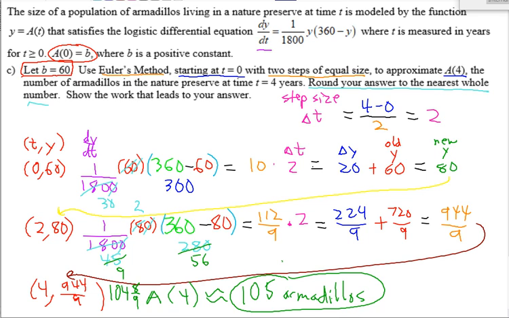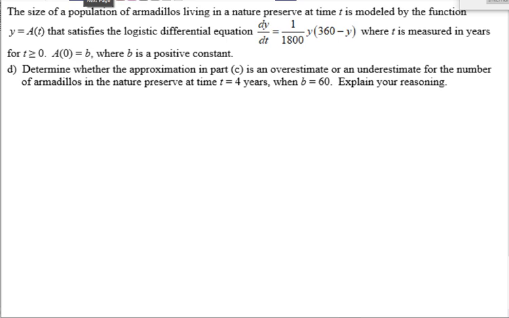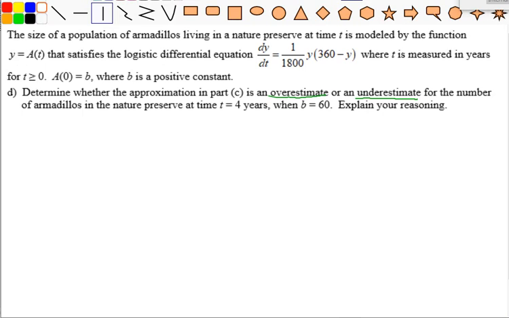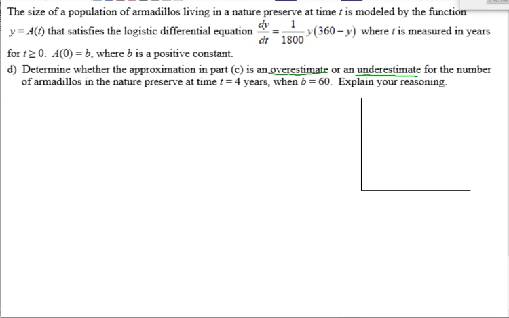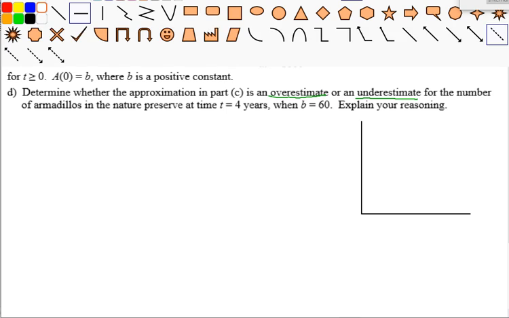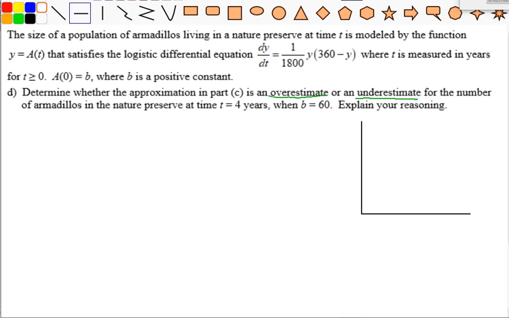All right, and then the last part, part D: determine whether the approximation in part C is an overestimate or an underestimate for the number of armadillos at time 4, when b equals 60. So let's draw a graph of it. You could have done it in part C, but we really didn't need it there with Euler's method. But here, to visualize it, it makes it a little easier if we draw the graph. So again, our carrying capacity is 360 still.